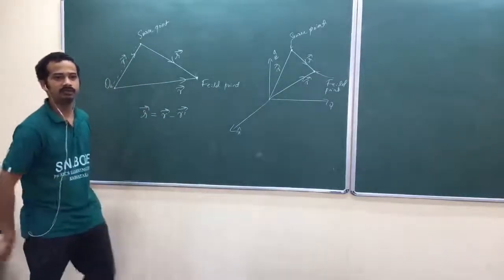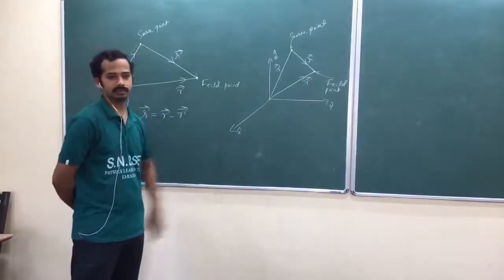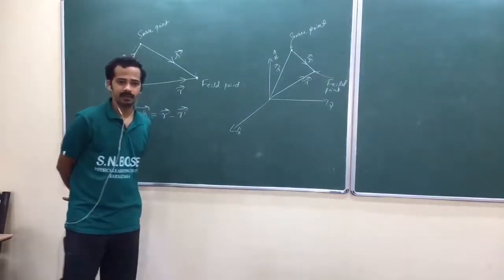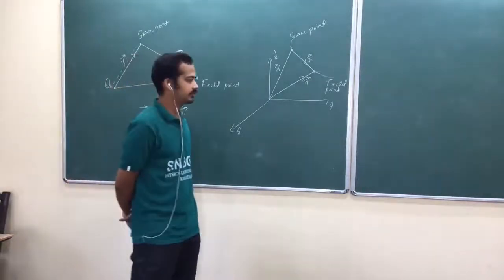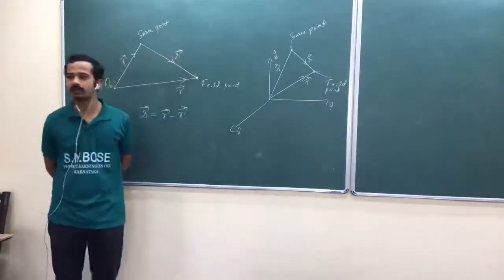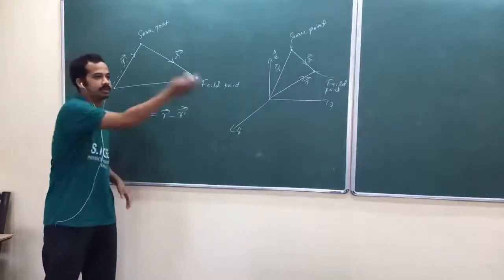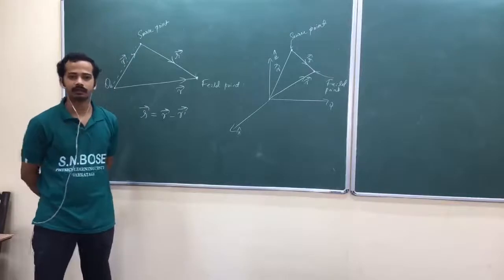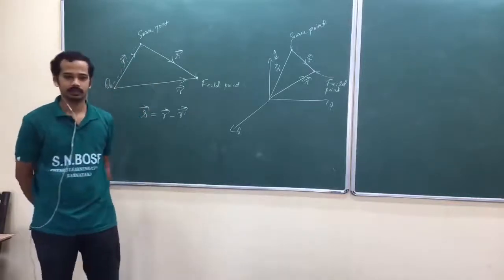So how do those fields work? We can't give a 100% interpretation here. Even Newton was not comfortable with his own law of gravitation, remember. How will one mass communicate to another mass which is very far away? How will one charge communicate to another charge?